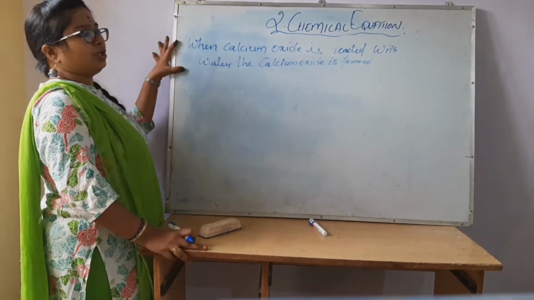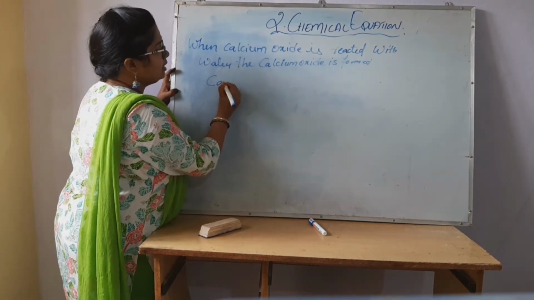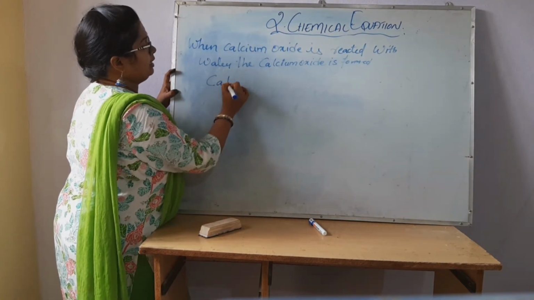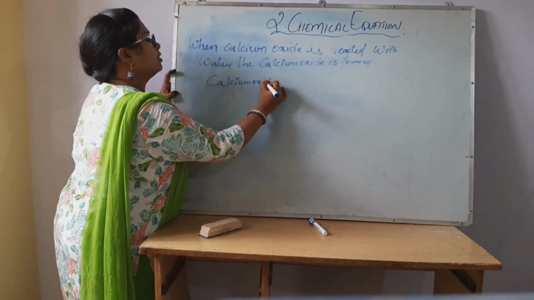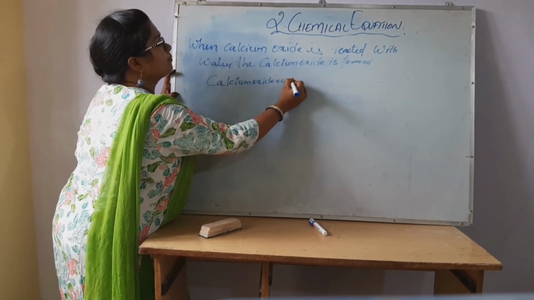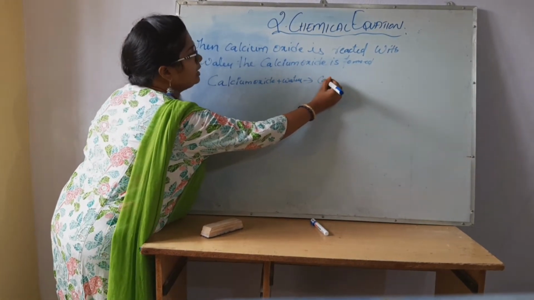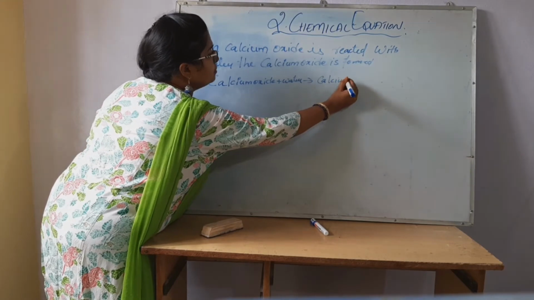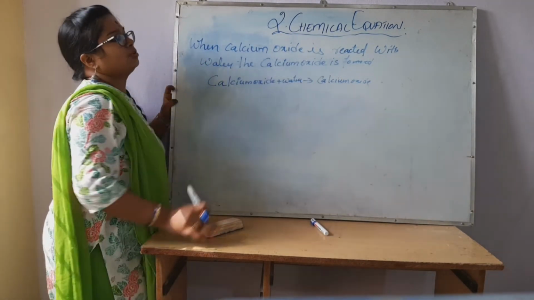So to make it short, you can represent it in the form of symbols. You can write like this first: calcium oxide plus water gives rise to, or yields, calcium hydroxide.